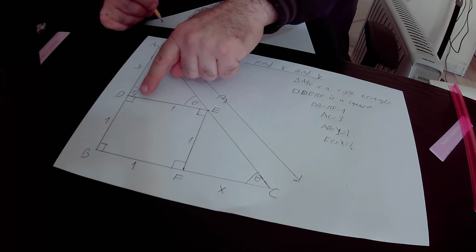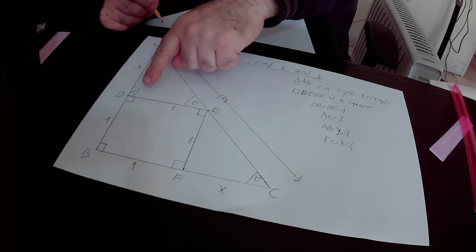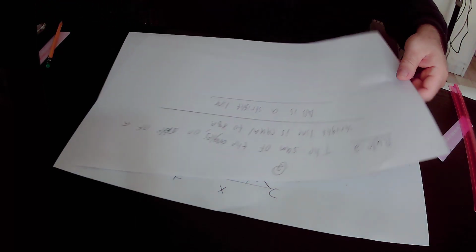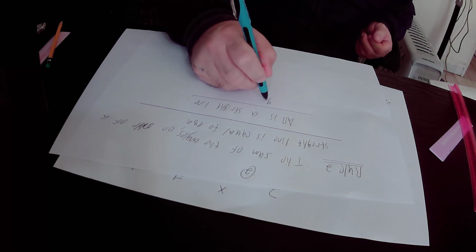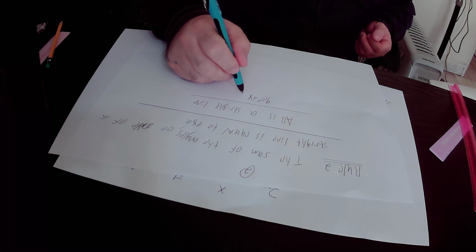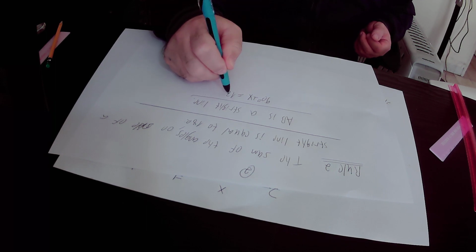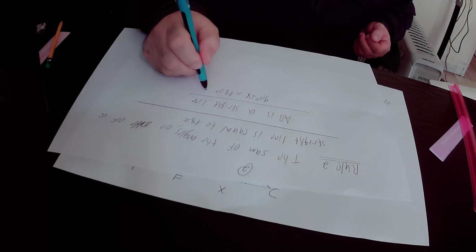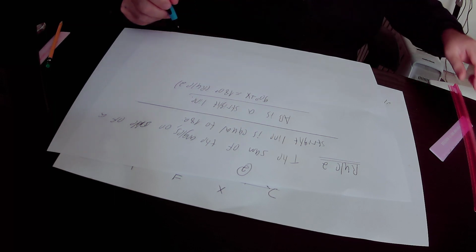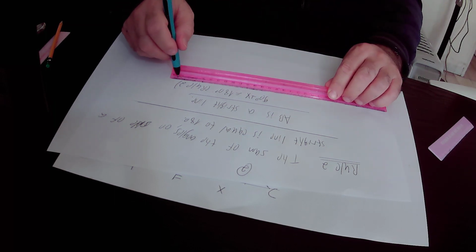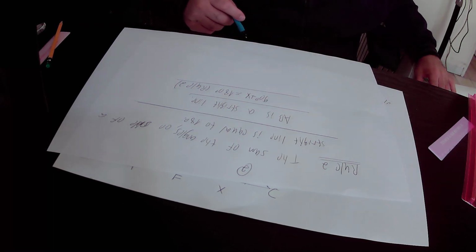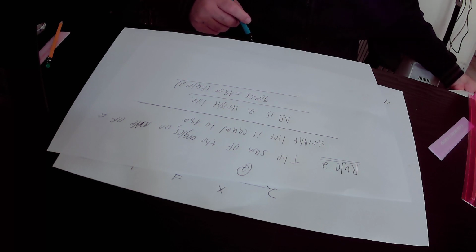We have 90 degrees plus angle X. According to rule number 2, the sum of those two angles must be equal to 180 degrees, so 90 degrees plus X equals 180 degrees.